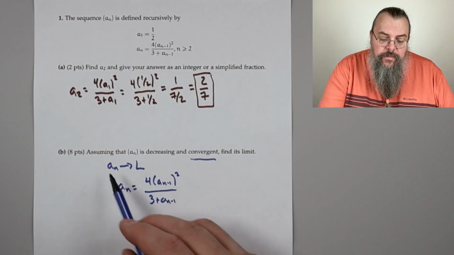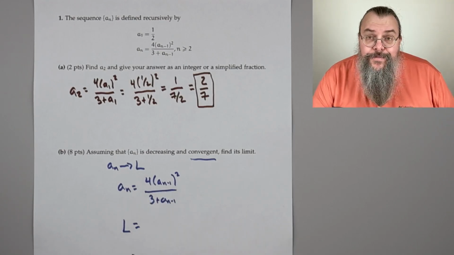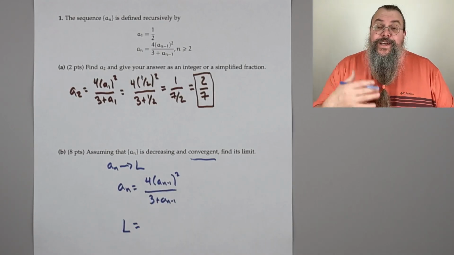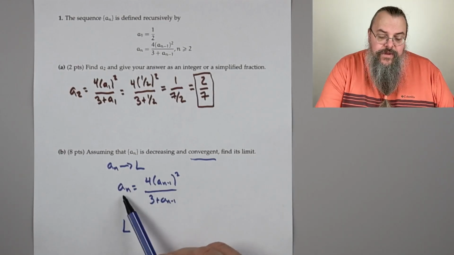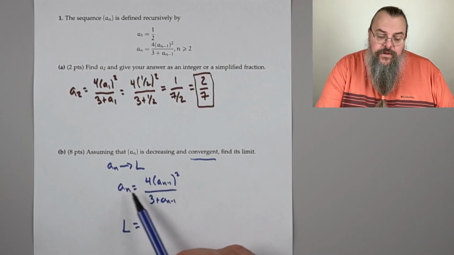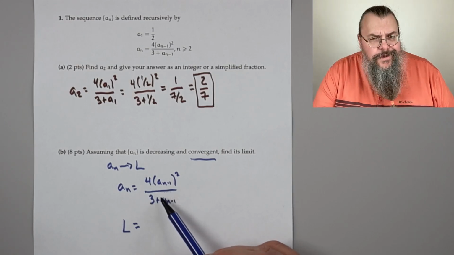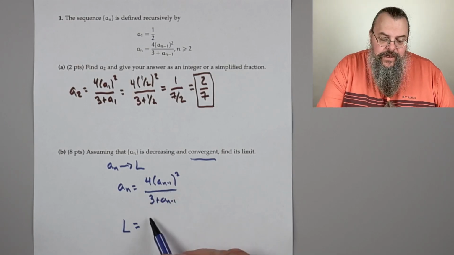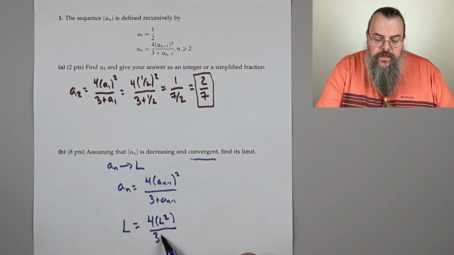Well, if A sub n goes to L, what does A sub n minus 1 do? It's not L minus 1. It's also getting close to L. So essentially for really big numbers, I'm close to L. If I'm a really big number or a really big number minus 1, still a really big number. So we get L is 4 times L squared over 3 plus L.